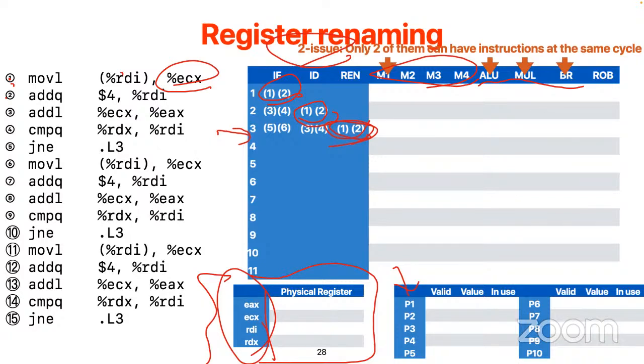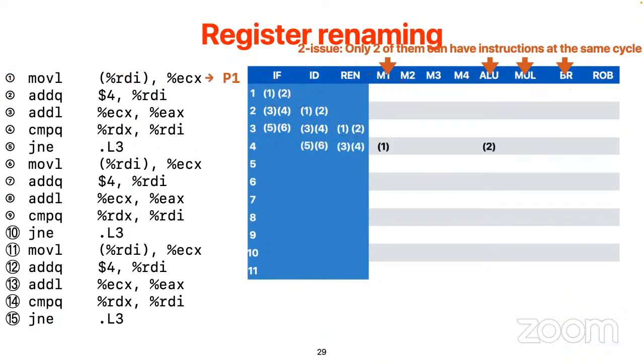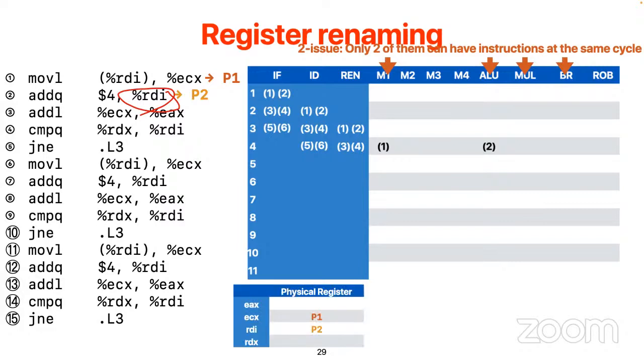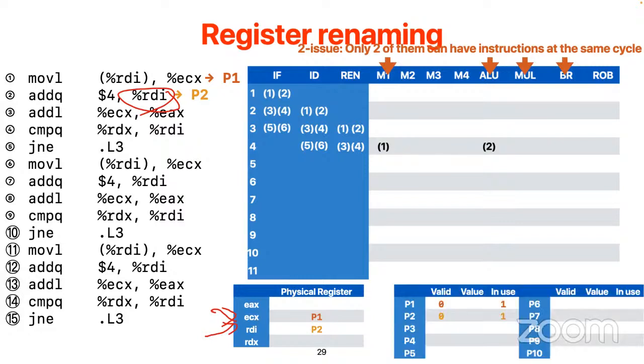So right now we keep ECX in P1, and for the second instruction, RDI, because it's a different one, we just put it in P2. For other instructions that depend on ECX, P1 is the place to look for the input. And for those that depend on RDI, they should go to P2. That's the idea we have now.